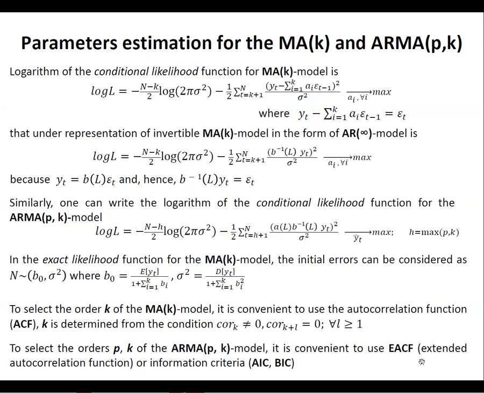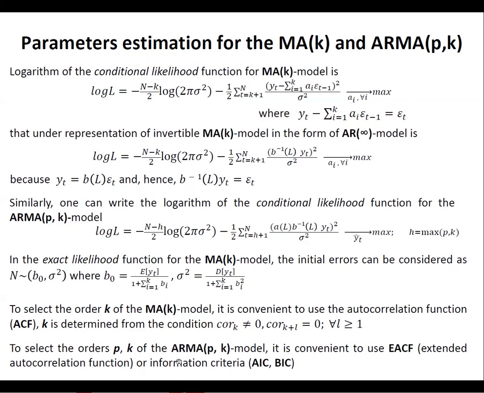Here the rule is that the choice of order K for the moving average model can be made based on the autocorrelation function, ACF, not the partial autocorrelation function, not PACF, but ACF. And this optimal order of the moving average model is determined based on the condition that the kth autocorrelation coefficient is not equal to 0, provided that all the following correlation coefficients are equal to 0.